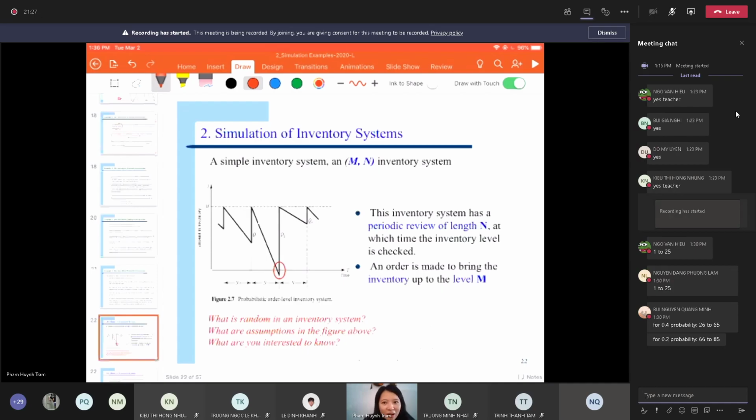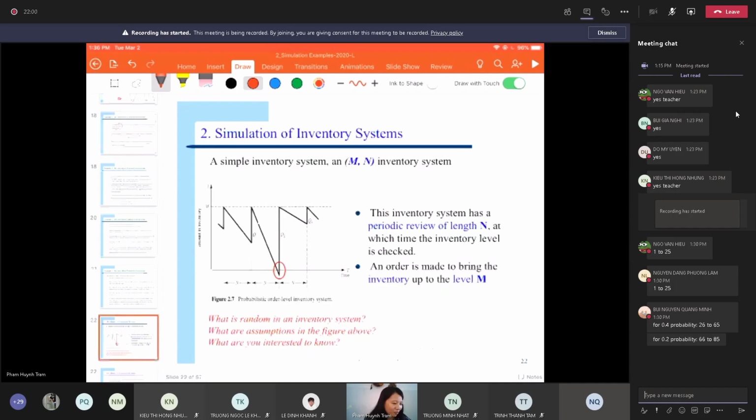I believe you already have basic knowledge of inventory systems from the production management course. Or if you study the logistics program, you have a special course dedicated to inventory management. So let me give you a recall of how it works.